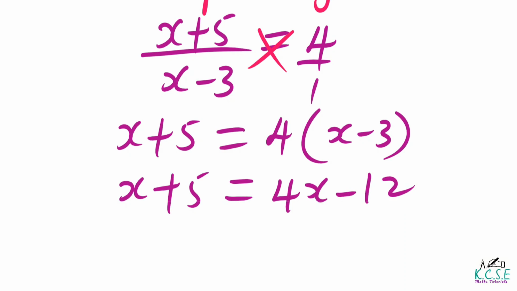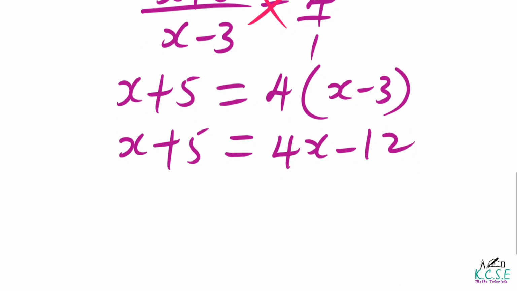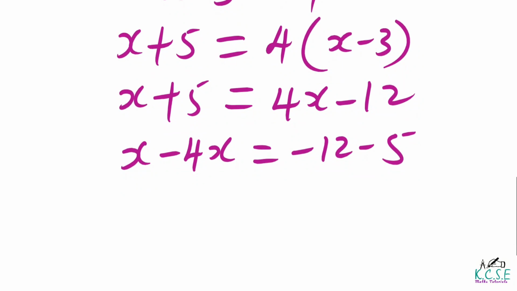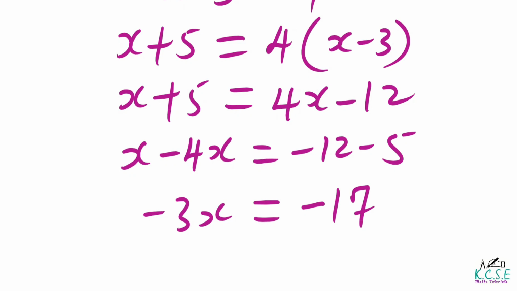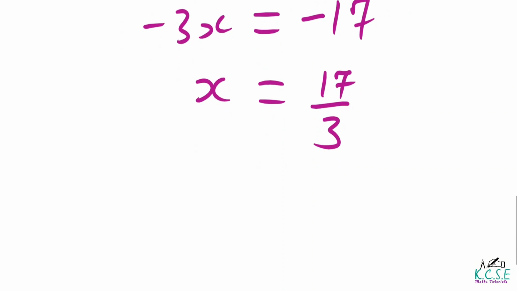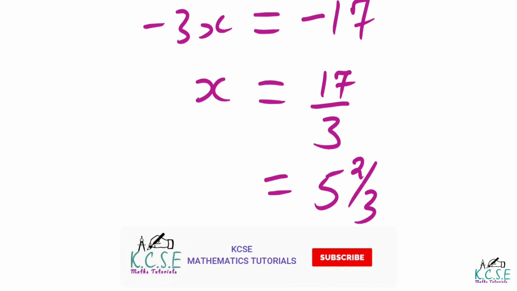So we put x terms together: x minus 4x is equal to negative 12 minus 5, and this gives negative 3x is equal to negative 17. Therefore, the value of x, when you divide, is positive 17 over 3, which you can simplify to 5 and 2/3. So that is how you're supposed to work out that question.